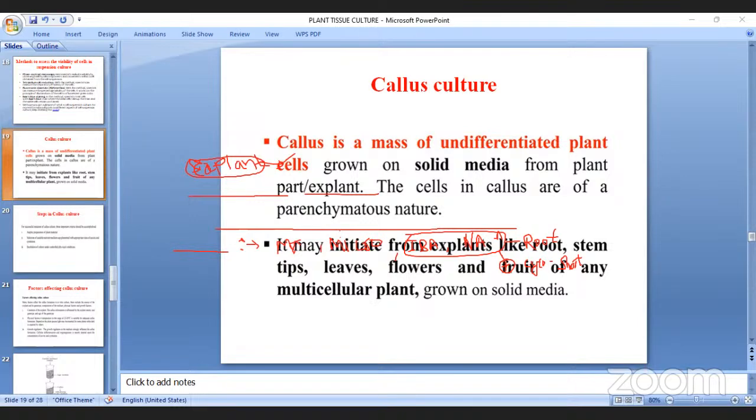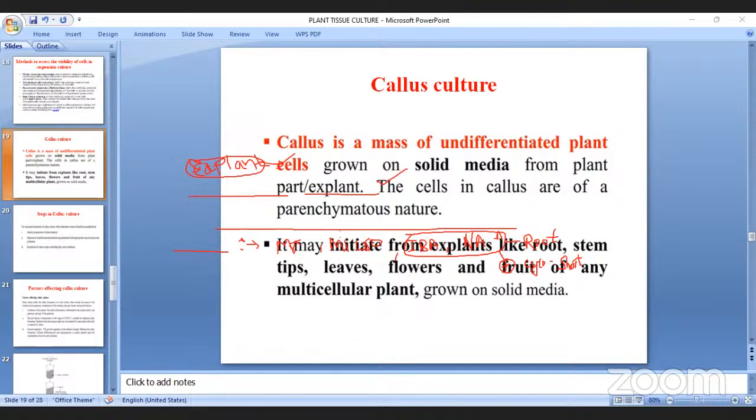So these are required for the preparation of the medium. After that, before incubation, what do we have to do? That means you prepare the sterilized explant and also prepare the medium. What would be the next step?